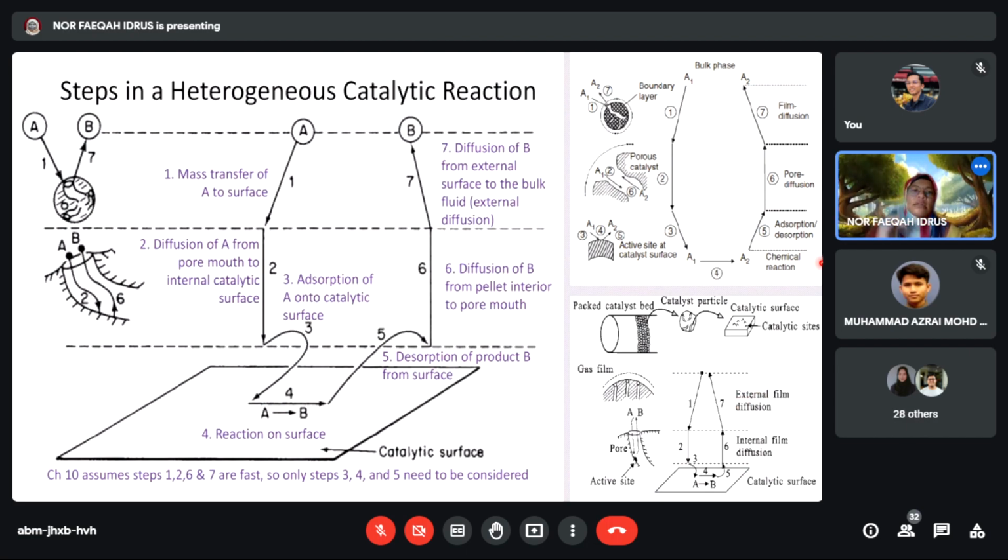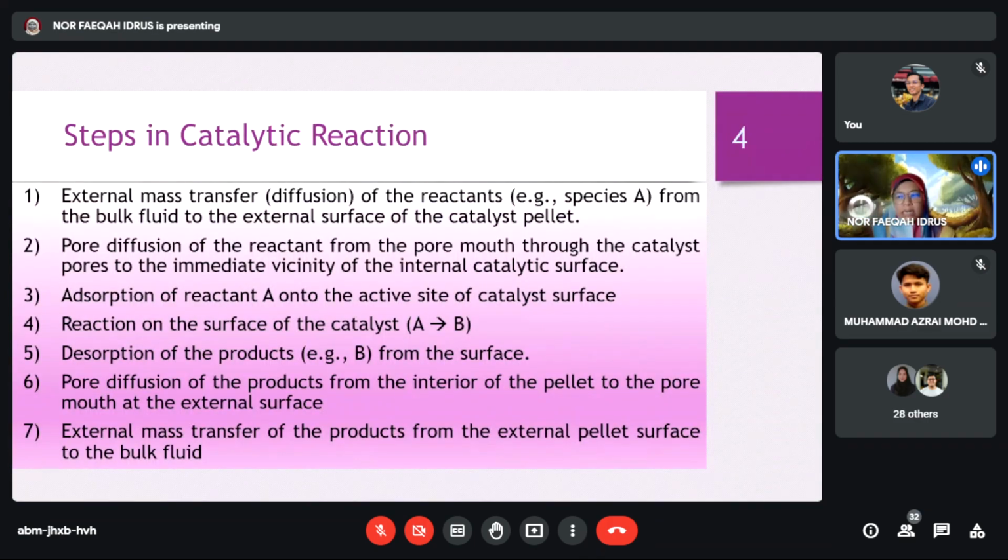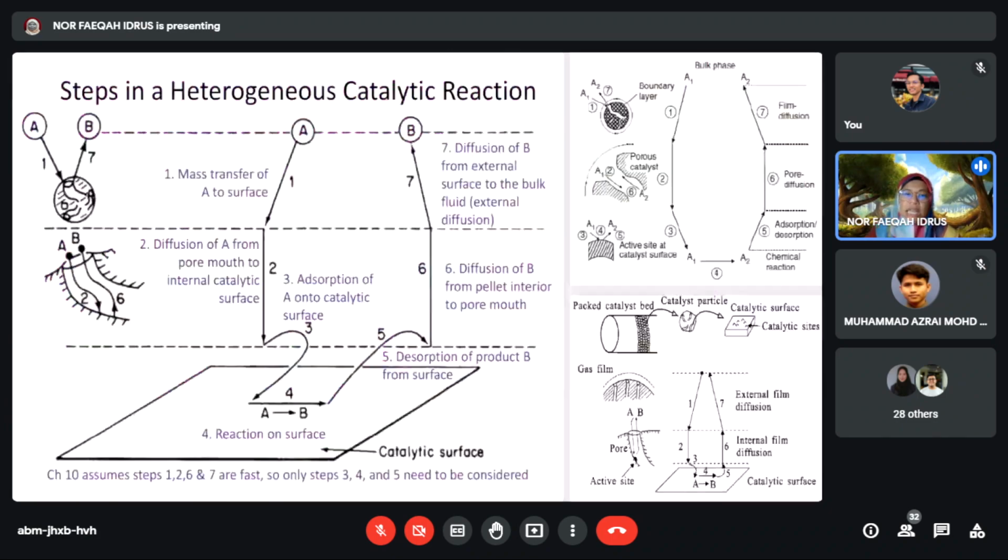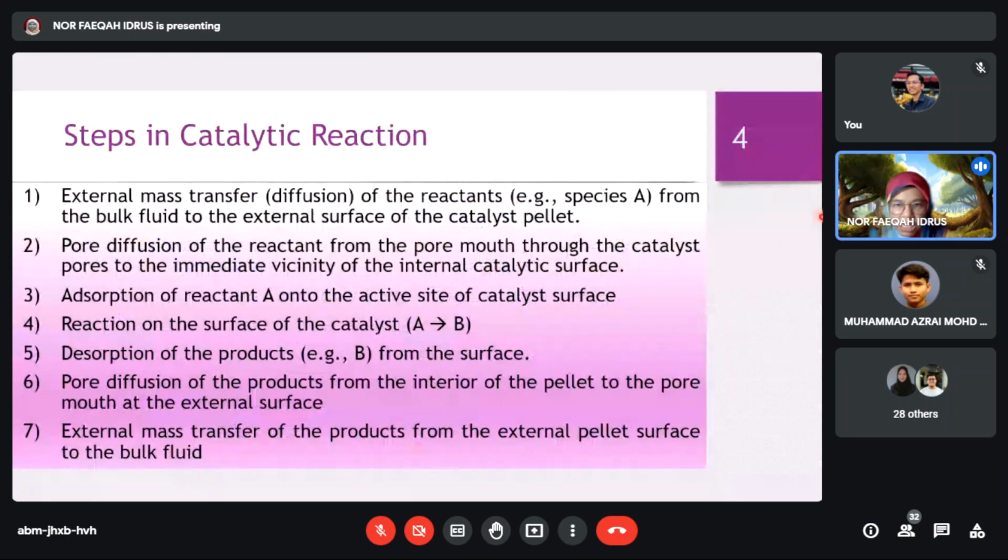So this is the detailed explanation of the steps of catalytic reaction on a porous catalyst. The diagram is the simplified version of the steps. The detailed explanation is on this page.